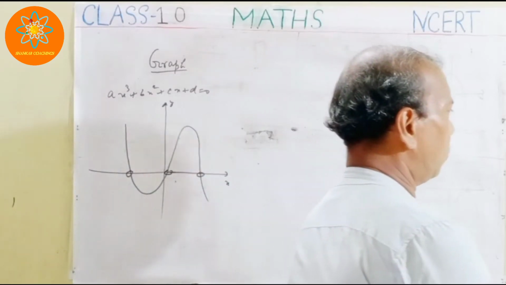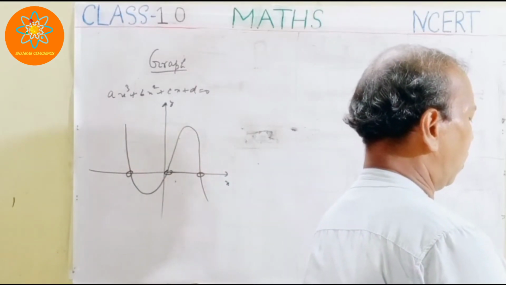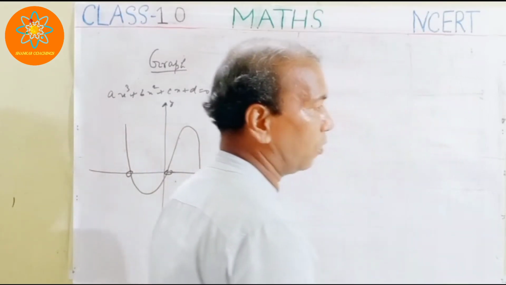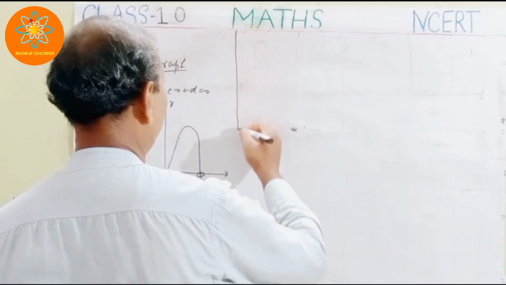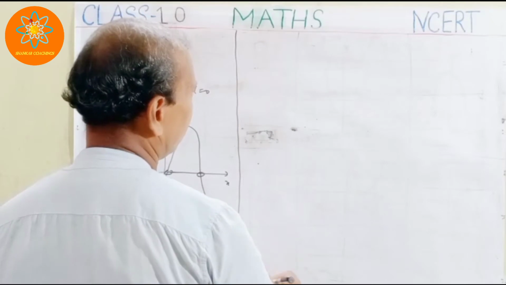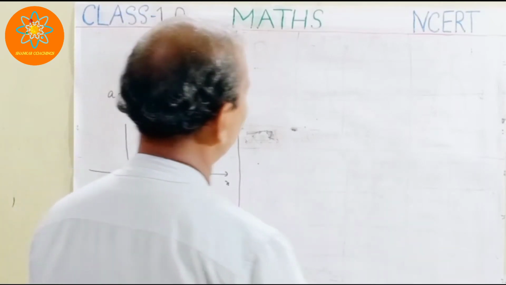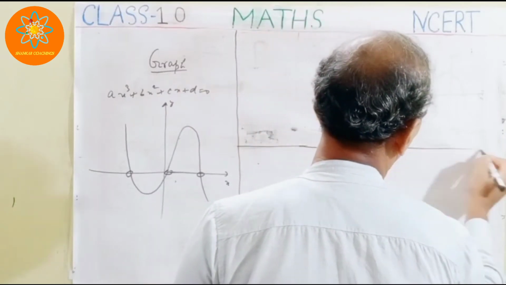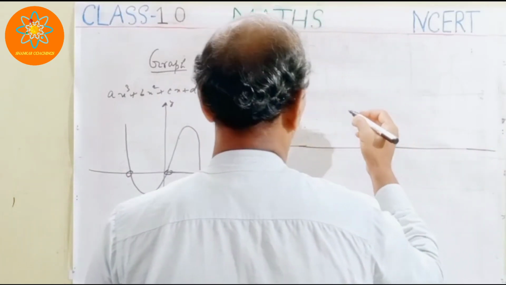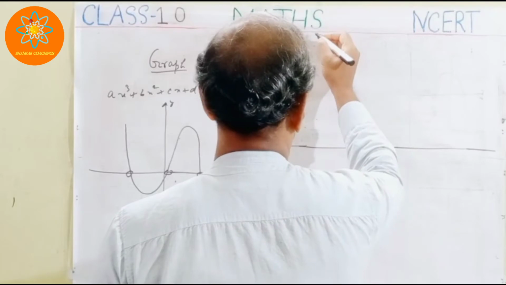Now we will see some more examples and find how many zeros are there. One by one I will take the examples for finding the zeros.